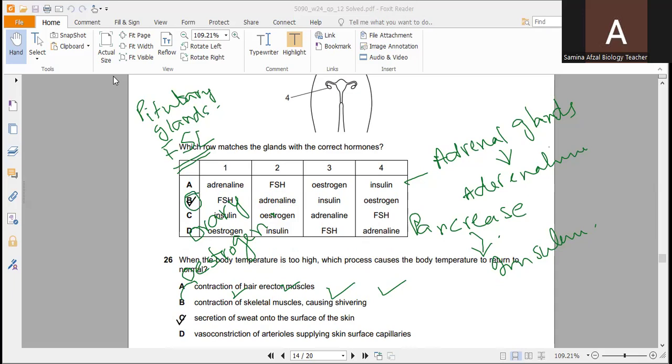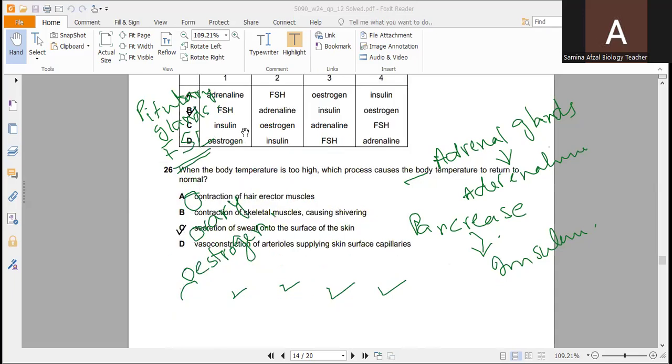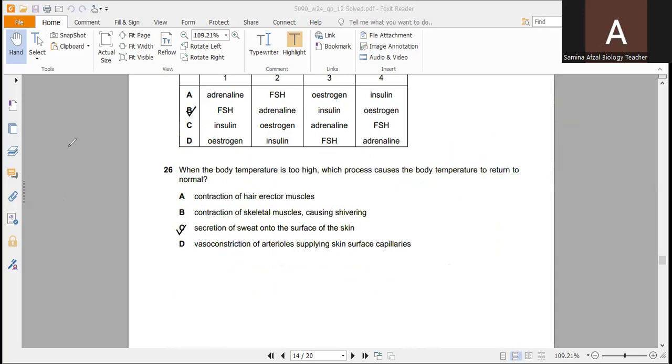Next question is question number 26. When the body temperature is too high, which process causes the body temperature to return to normal? So, contraction of the hair erector muscles.